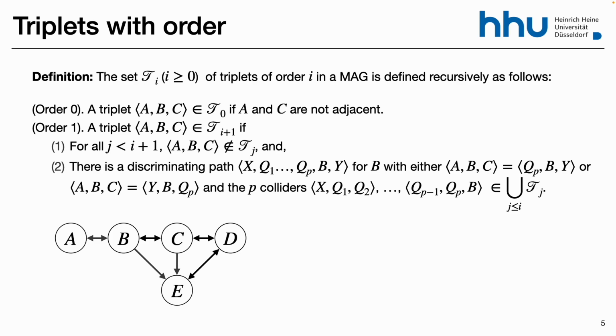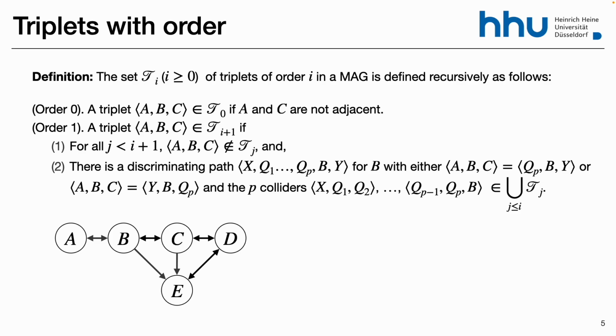What's being talked about here is a discriminating path for B. So it's just discriminating B given this triplet. So we are talking about the triplet ABC, right? So a triplet ABC belongs to order i plus 1 if these two things happen, and the triplet that has order is ABC, which is the last one, right? So that's what the definition is telling you. But the intuition is what I told you before.